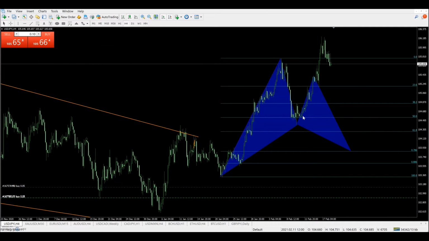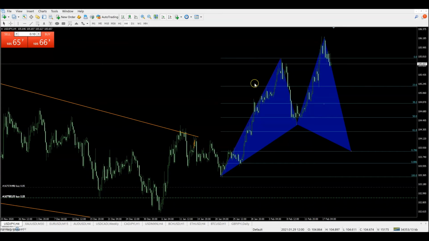But considering it exceeded that and the right side is higher, the next guess would be a cipher pattern, which means that level has to hit either a 127 or a 141. So for the cipher pattern, the B section can hit anywhere between a 382 or a 618, and it's held at the 50%.